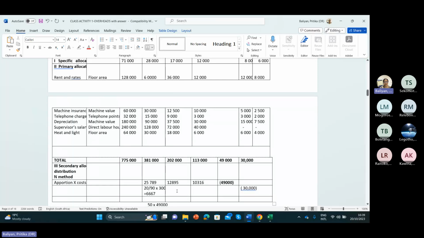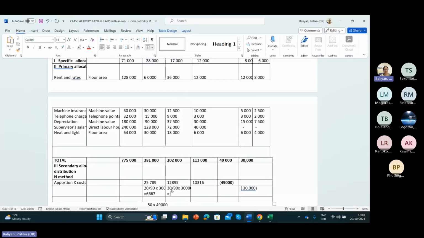Same, you will calculate for B. B is 30 over 90 times 30,000. So you will get the figure 30 over 90 times 30,000, 10,000. So the 10,000 cost will go to Department B. You understand now?